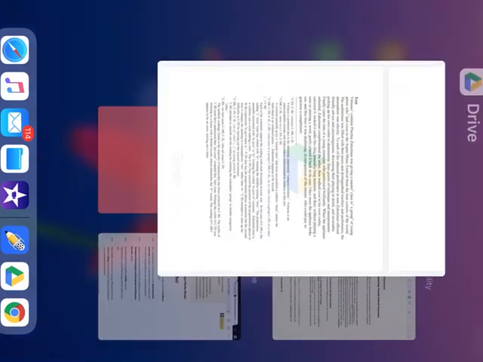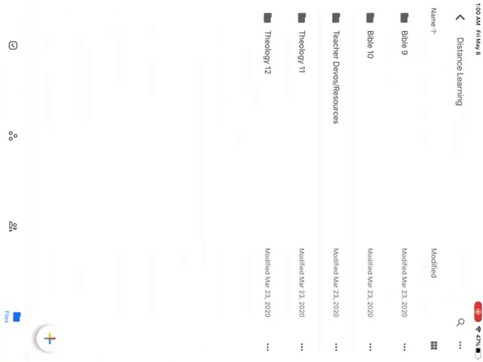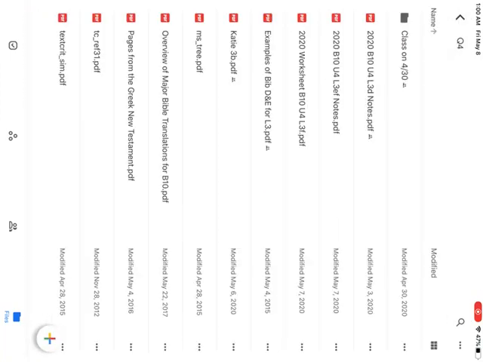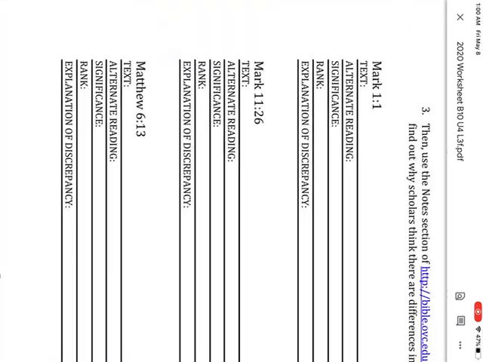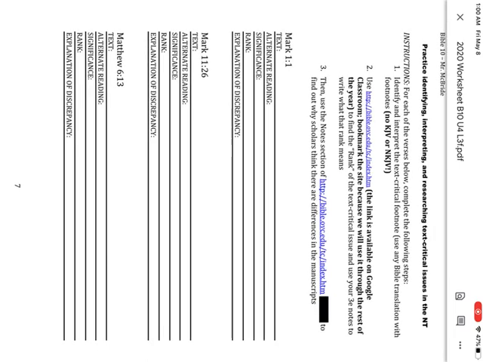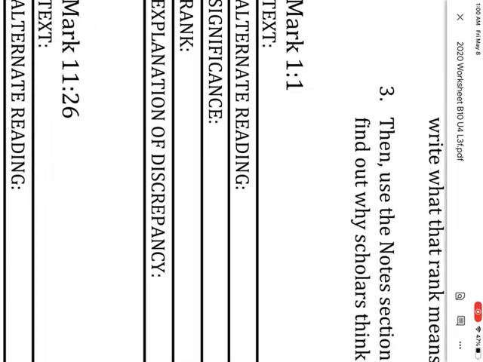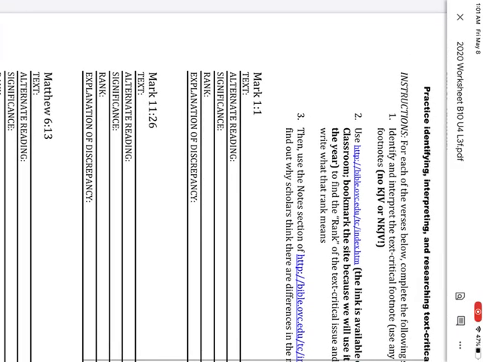You're going to look at a worksheet that has 3 examples, and you're going to use that website that we talked about. Again, here's the link. It'll be in Google Classroom. And you want to write down the text in the Bible, the alternate reading, and you can skip the significance, but look at the rank and the comments.